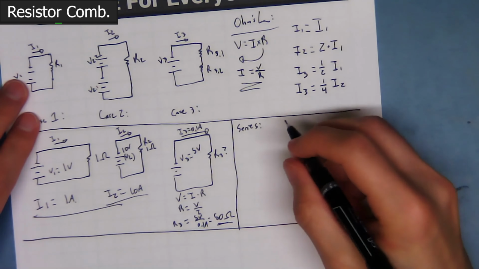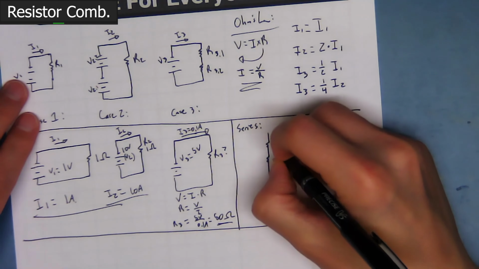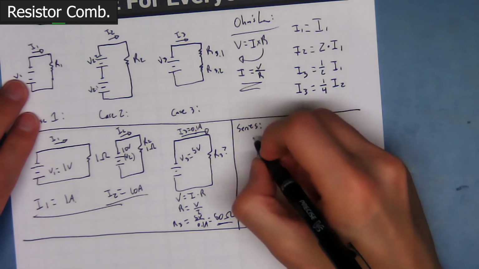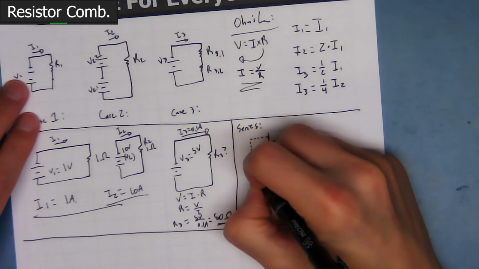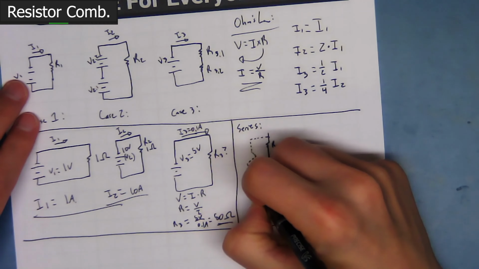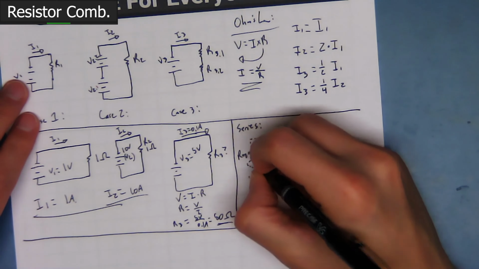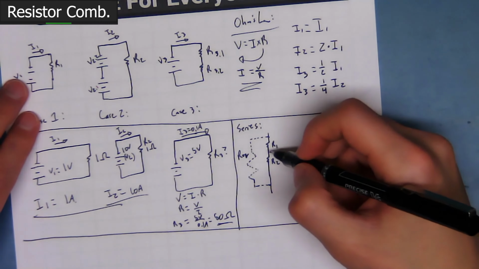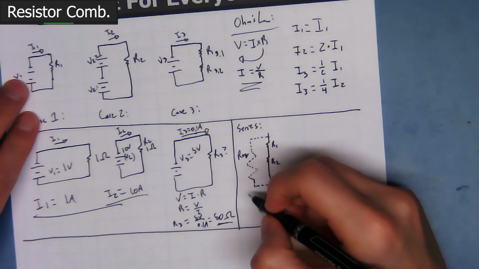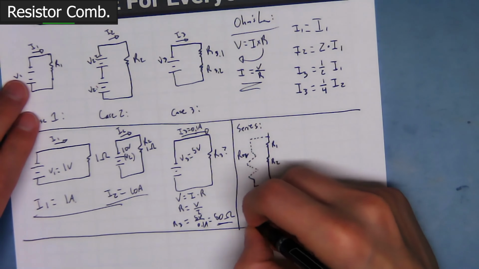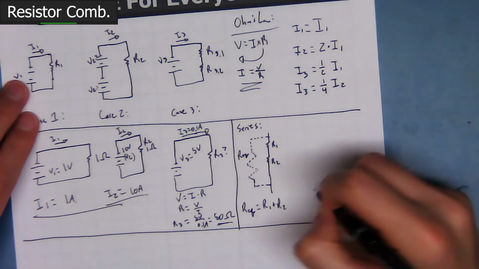So for series connected resistors, let's say that we've got these two resistors, R1 and R2, and we want something, and we're going to call this Req. So let's say we replaced these two resistors with one bigger resistor. How do we know what Req should be? Well, for a series connected resistor, the equivalent resistance is simply R1 plus R2. Easy.